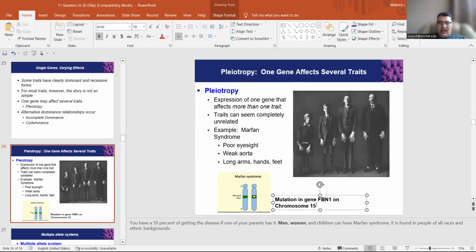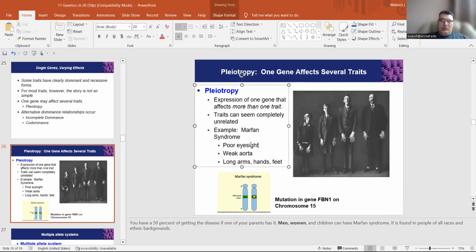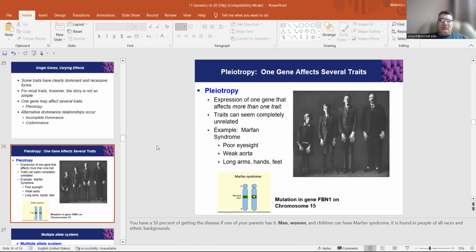In this case, a bad gene in chromosome number 15. Just one gene only, but it will cause many traits and issues: poor eyesight, weak aorta, long arms, long hands, long feet. All of this together from one gene only, we call that pleiotropy. And pleio, by the way, means multiple. Pleiotropy: one gene, multiple traits.